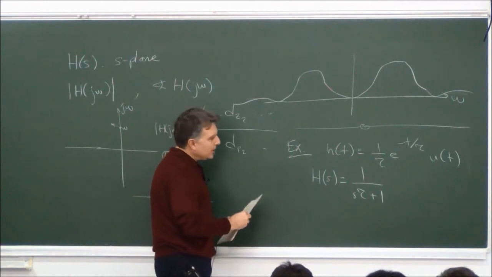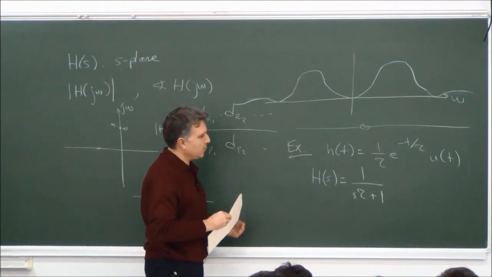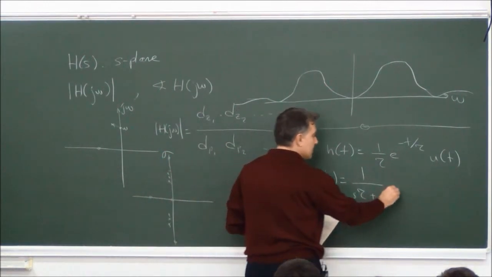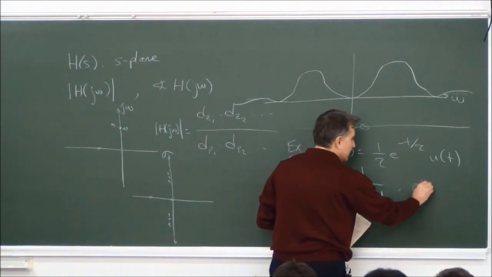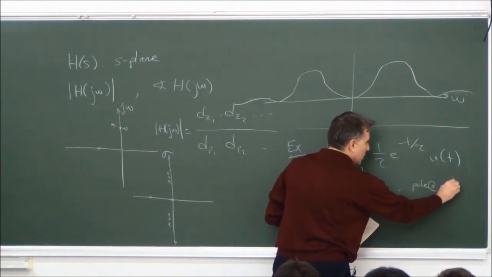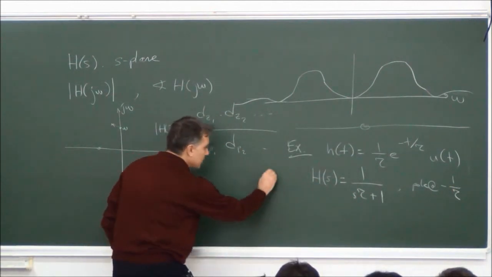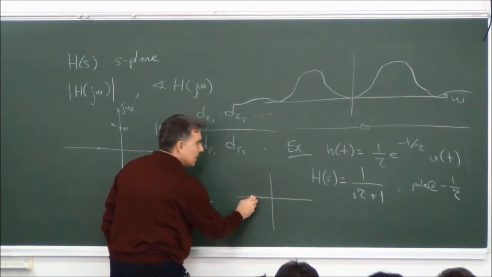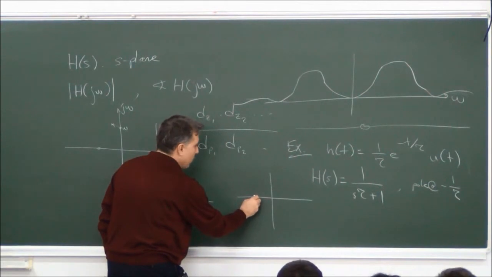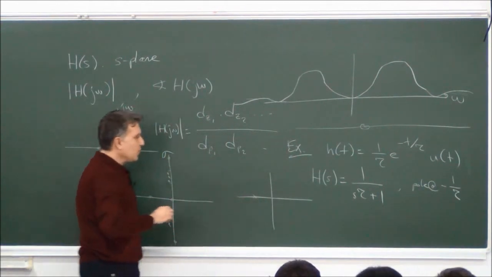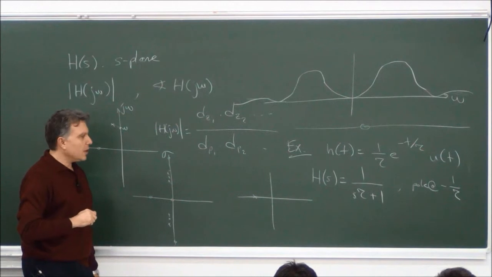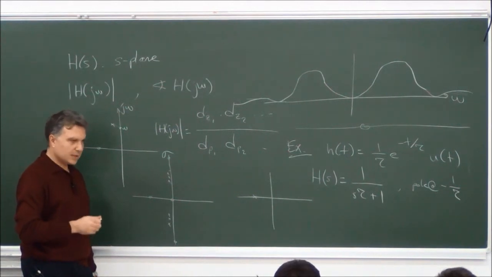And the pole here, this is the Laplace transform of that, and the pole here is at minus 1 over tau. So this example will produce a pole zero pattern like this. There's a pole at minus 1 over tau. Let's assume that tau is positive.